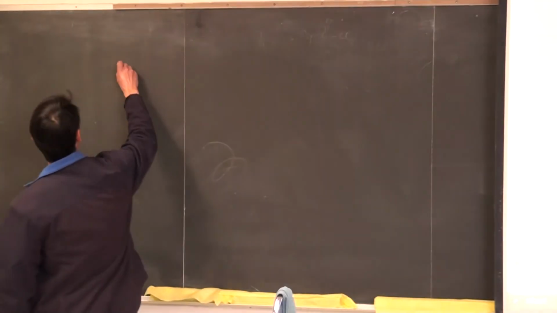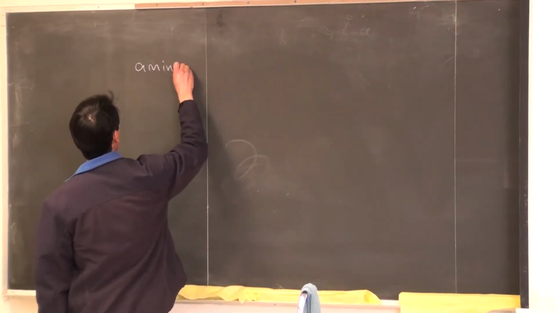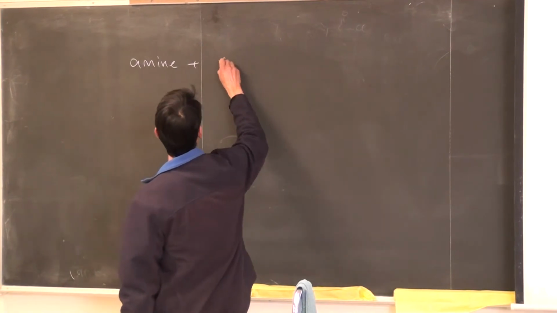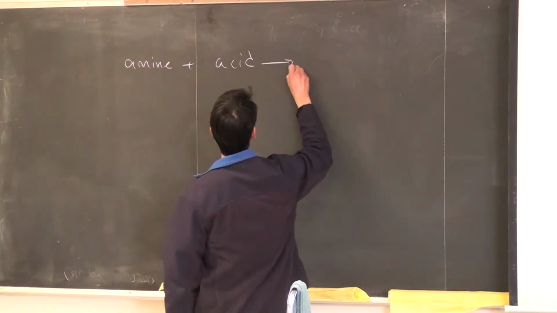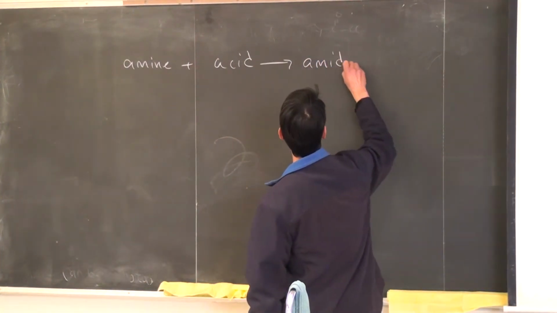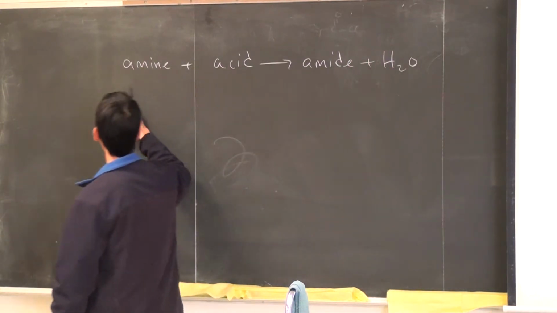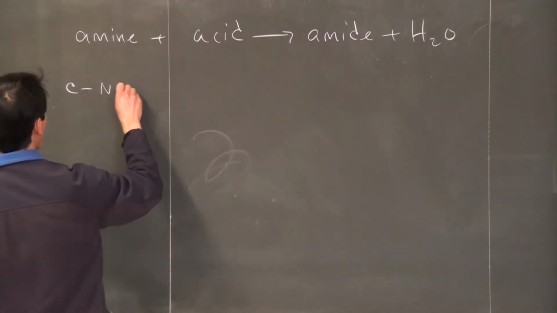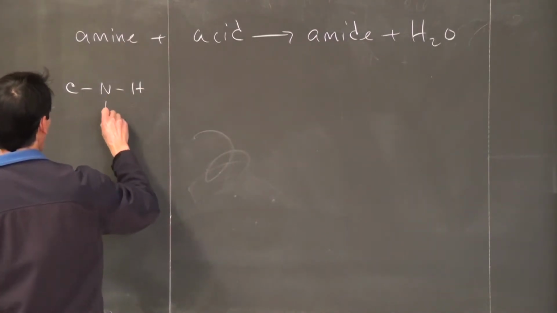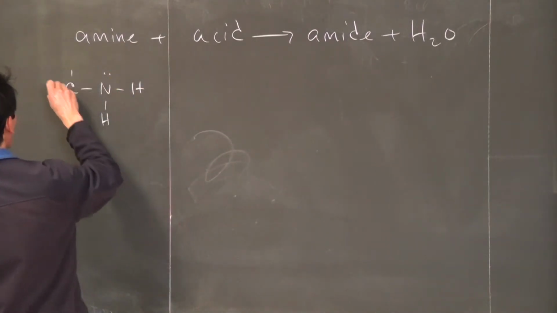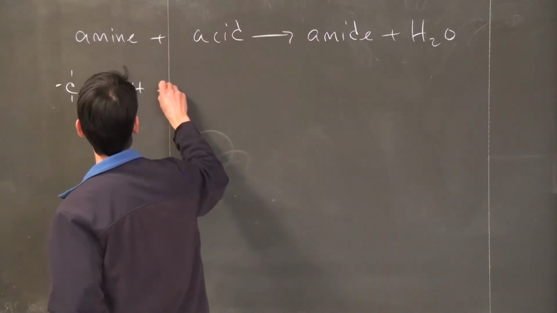So if we have an amine plus an acid, that forms an amide plus water. Okay, so an amine functional group, I'll draw it this way. So there's our amine functional group. You know, the acid functional group looks like this.